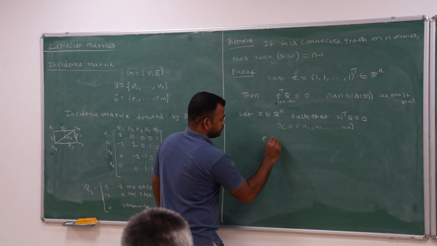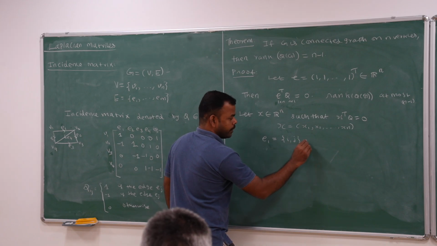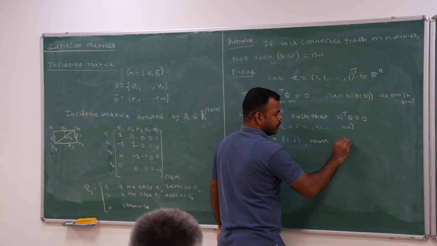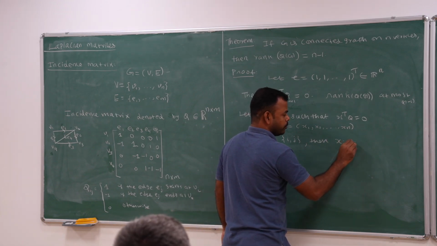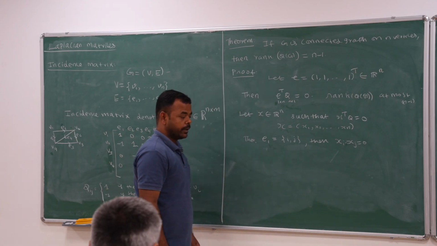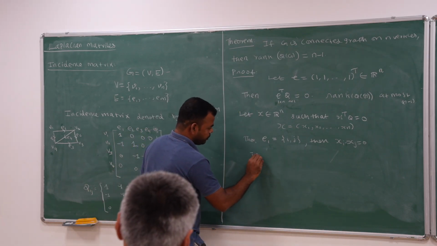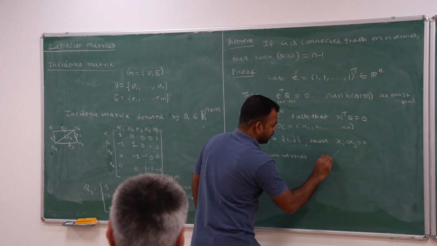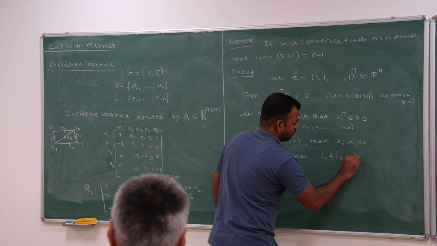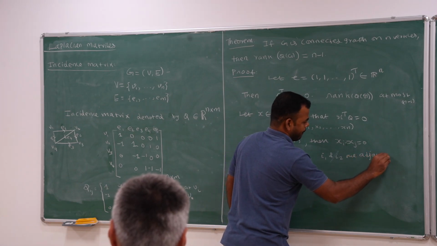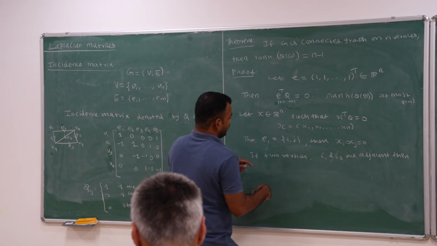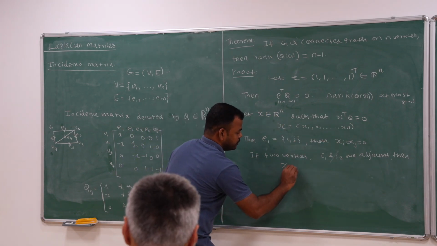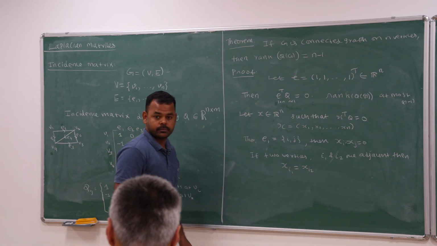Okay, so what will I get? If E1 is the edge ij, then xi minus xj is equal to 0. In general, if two vertices, let's say i1 and i2, are adjacent, then the components of the vector which I have taken from the left null space of Q should have the same entry.